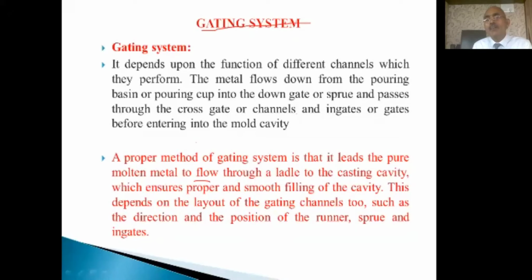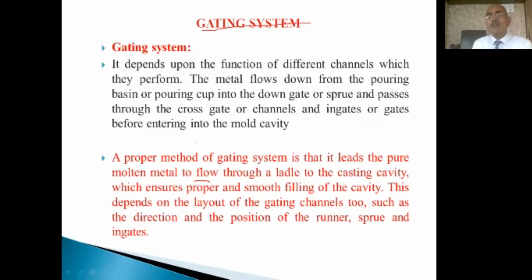From these ingates metal will go to different cavities. Each cavity, when it is entering through a gate, it has to go. So that's why there is a necessity of designing the gating system properly.